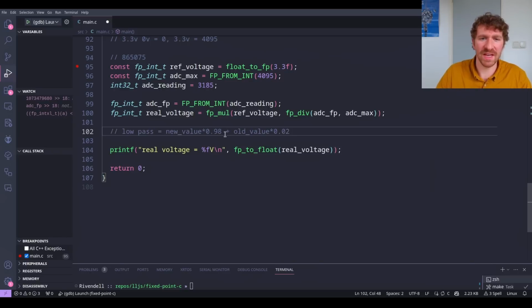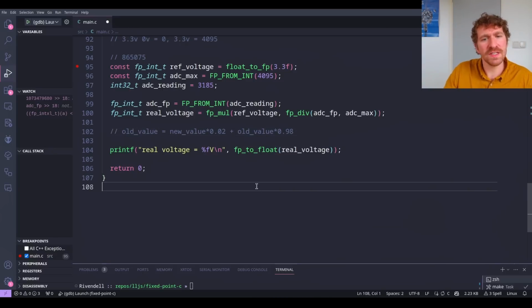This is not the order you would really expect it in. And then you would say old value equals this. So this is a low pass filter.